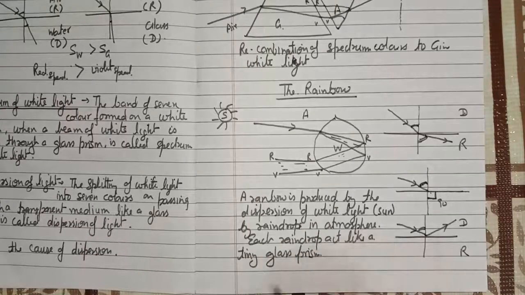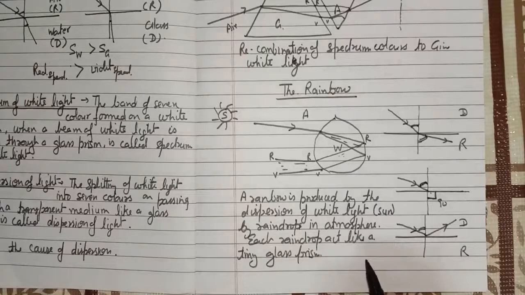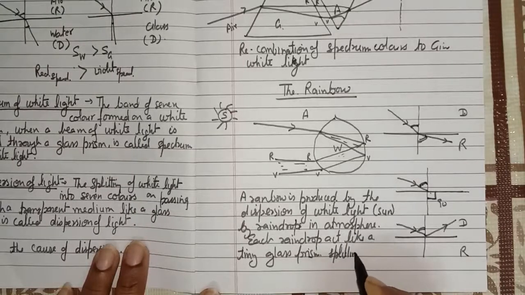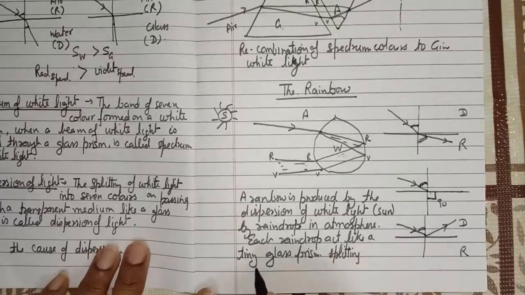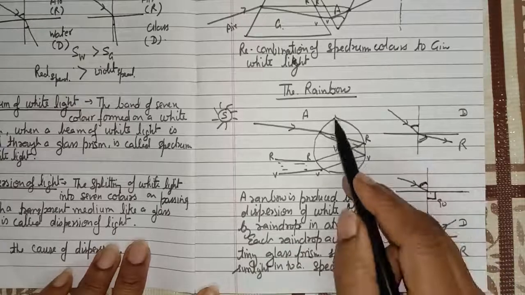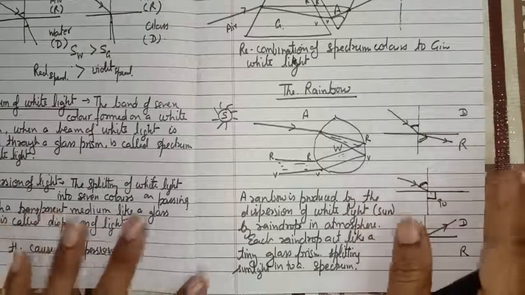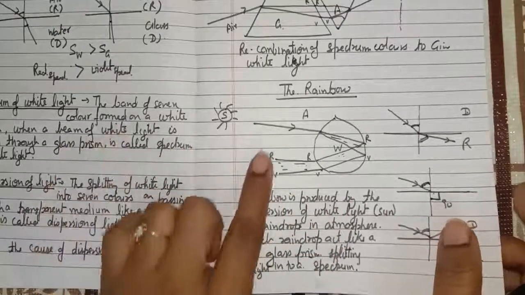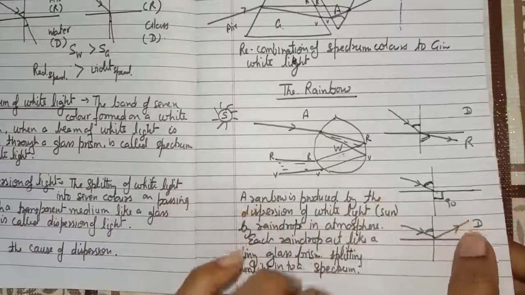Okay, so each raindrop acts like a tiny glass prism, splitting sunlight into a spectrum of light. So this is a rainbow, and this is the working of only one raindrop, and lots of raindrops are there in the atmosphere. So this continuous band which is formed by the different raindrops is called the rainbow.